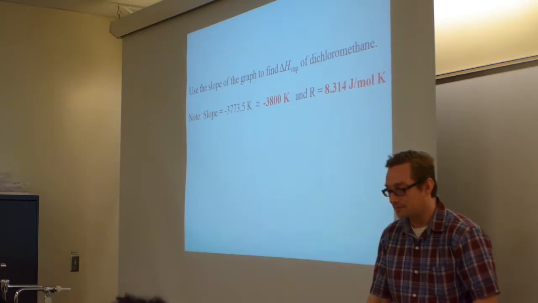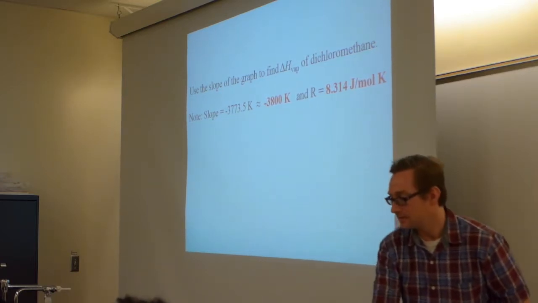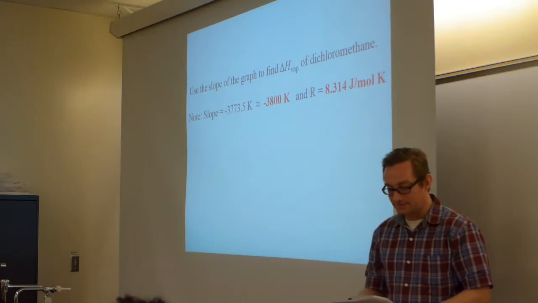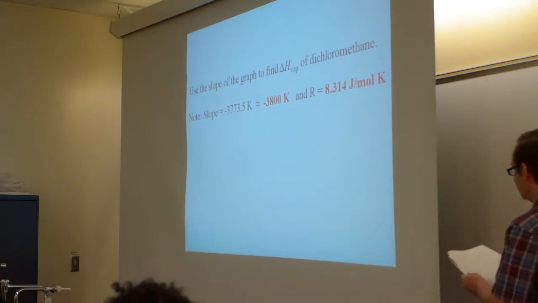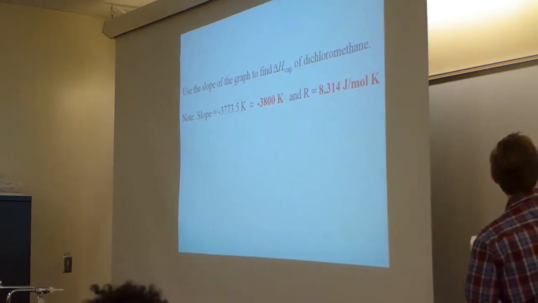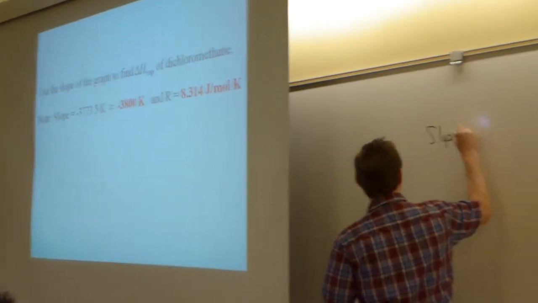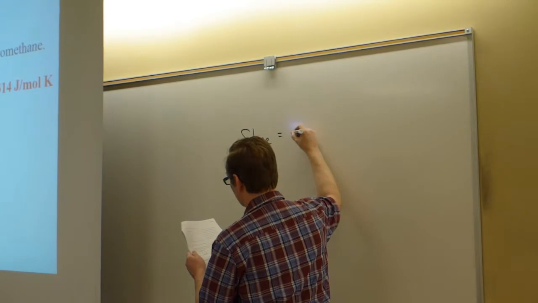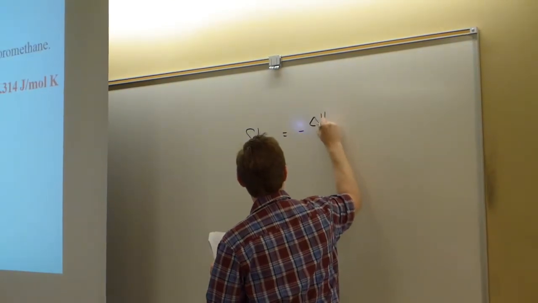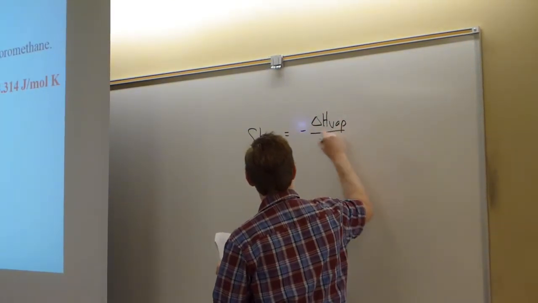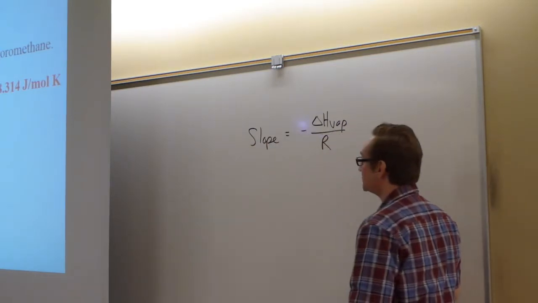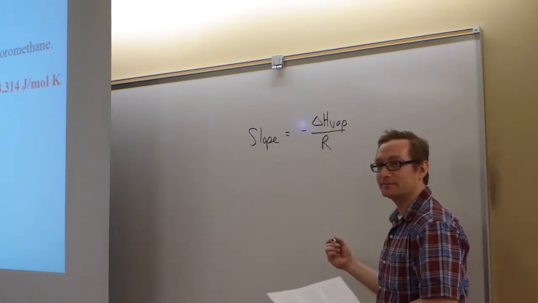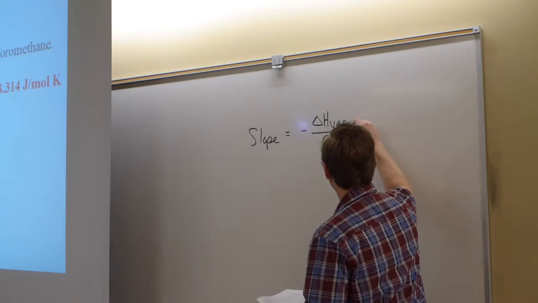And the R value, of course, is 8.314 joules per mole Kelvin. So the slope is equal to negative delta H vap over R. I always say vap, but I should say vape, probably. Heat of vaporization.